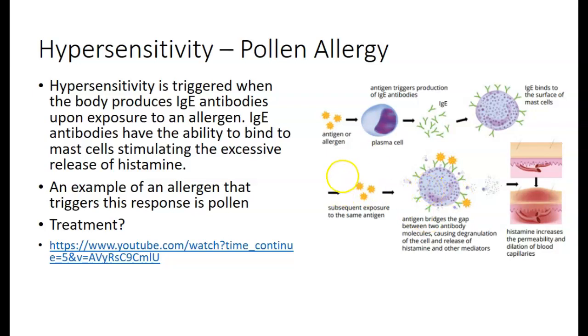Because if you can stimulate an IgG antibody and produce memory cells that have IgG antibodies instead, then we're not going to get that immune response happening anymore, or it will be in a very reduced amount because you've got other memory cells that can produce different antibodies. All right, so have a watch of that video and hopefully we can understand hypersensitivity.